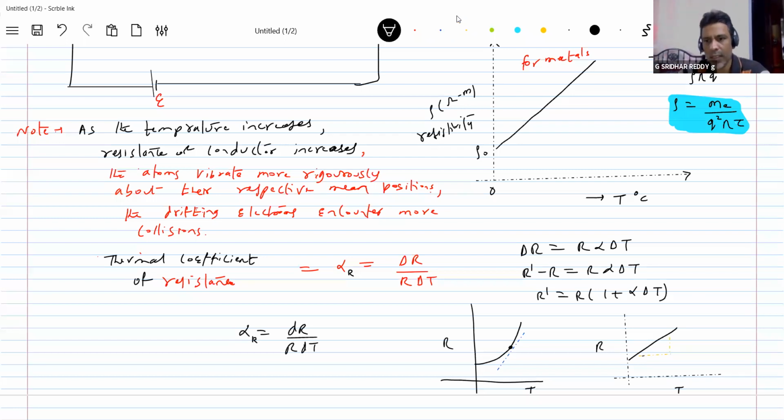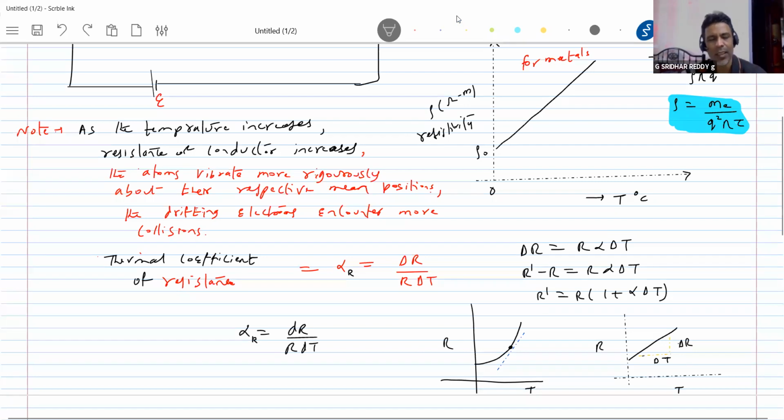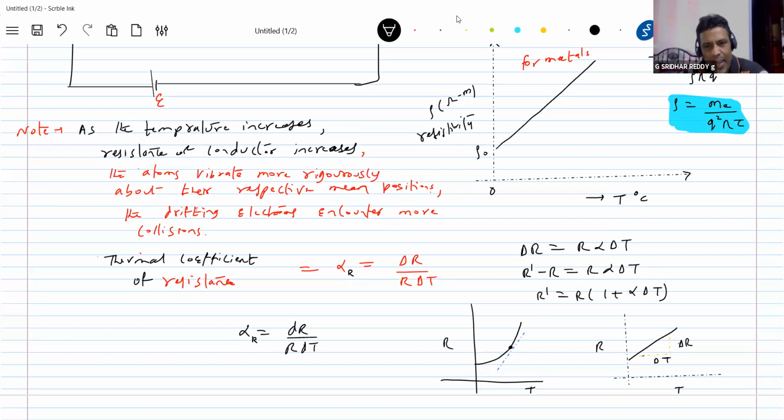Here we'll write delta R. So the average value of delta R by R delta theta. So it's similar to a range of temperature, or at that temperature, dT will become very small. There you calculate the slope, multiply by the value of R where you're calculating. This should be the value of R that you substitute, and when you substitute, you'll get the alpha at that point.